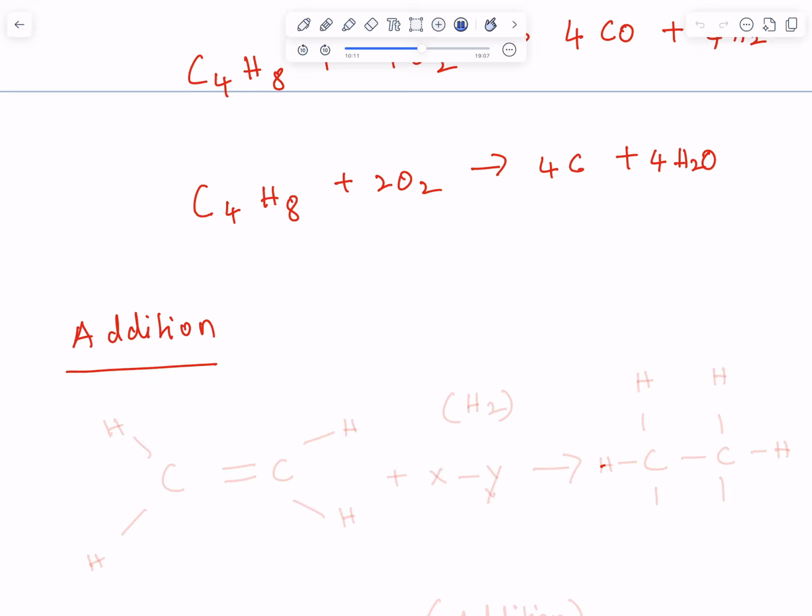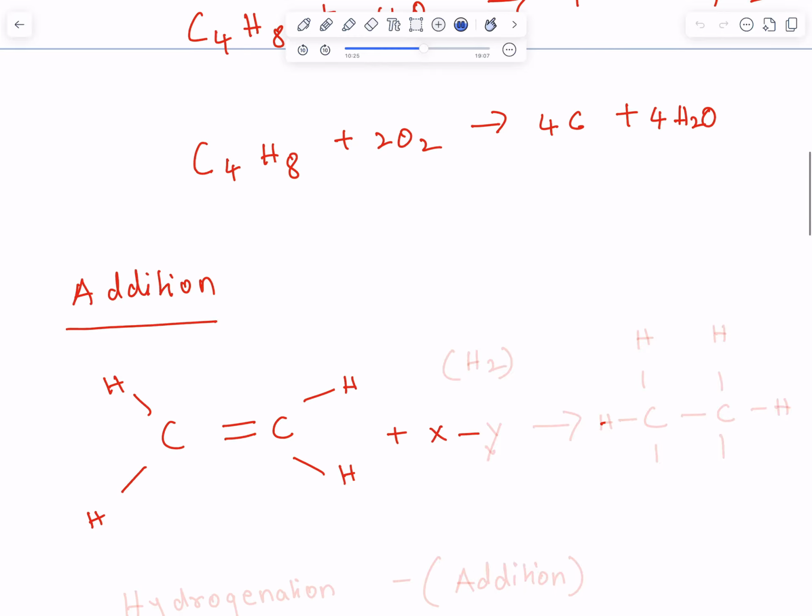Addition reactions are a big GCSE favorite. If I have to give you a general template, I'm again going to take ethene as an example. I've drawn the displayed formula of ethene. Let's say I'm adding an imaginary molecule XY here. From an alkene, it is going to convert into an alkane.